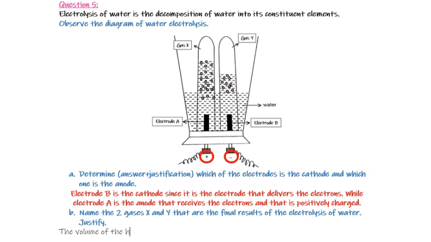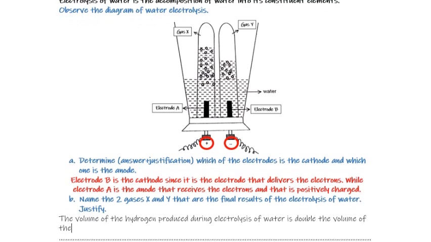The volume of the hydrogen produced during electrolysis of water is double the volume of the oxygen produced. This means that gas Y is the hydrogen and gas X is the oxygen.